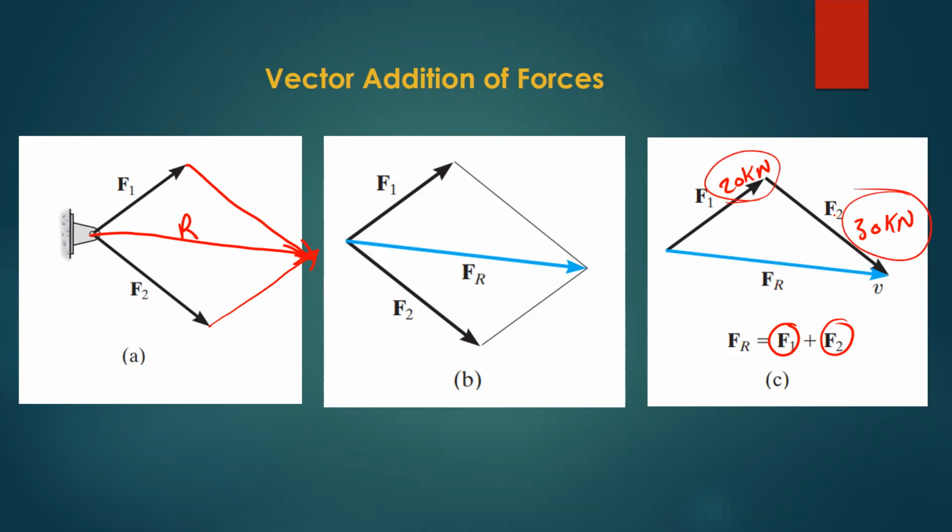In some questions, yes, you may be allowed to do that, but I'm going to show you the proper way to identify which method you have to use whenever you've been given a question. It's not always that you just directly add 20 plus 30, no. That is not how you do it.